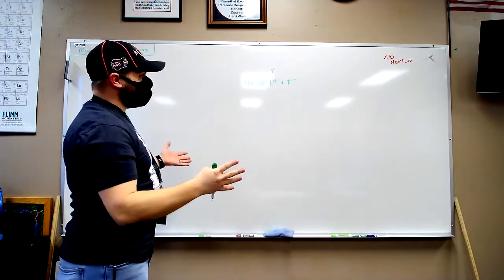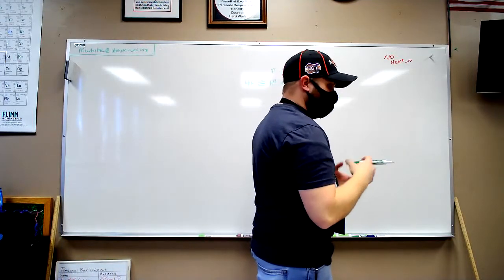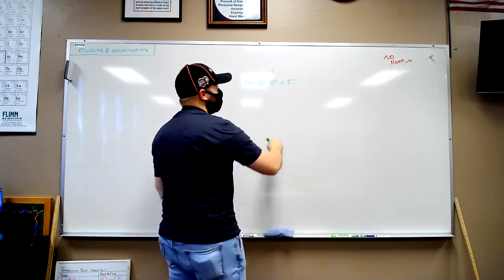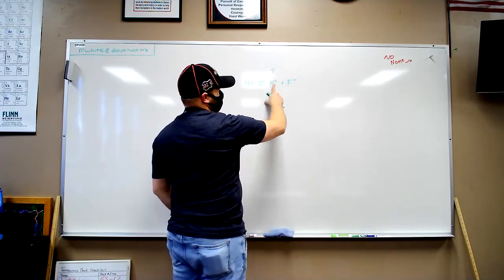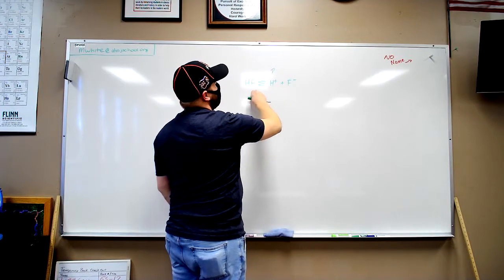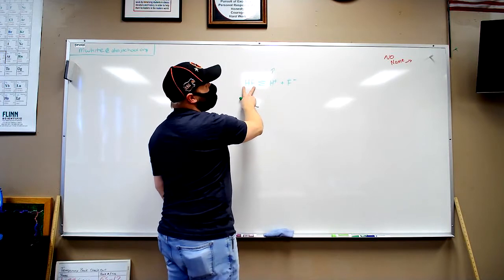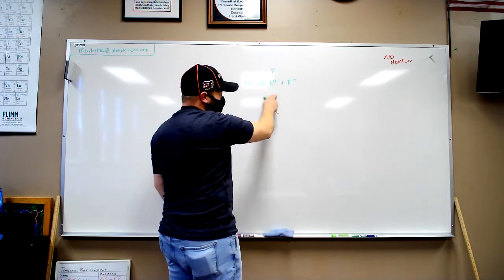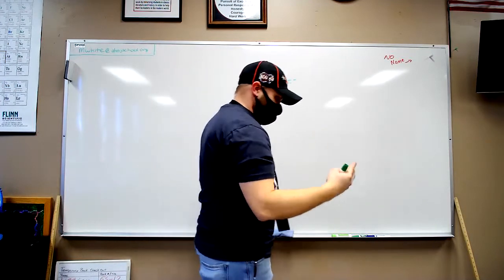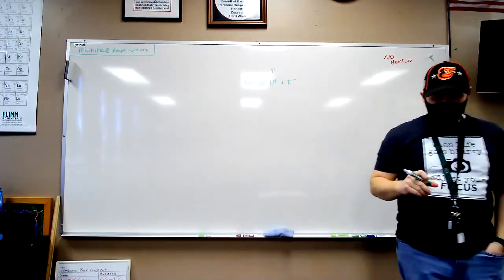If we add a base, remember the base is going to create a bunch of hydroxides. Those can react with the hydrogens here. But as these get used up, remember this is a weak acid, so we've got a whole bunch of this left. So it can move over, and once again, the pH stays pretty close to the same.